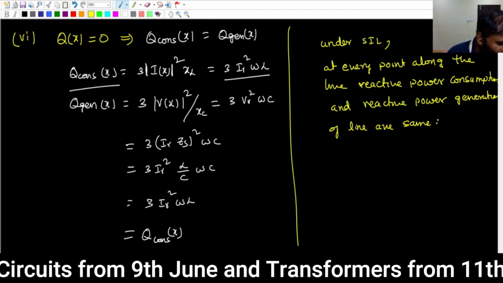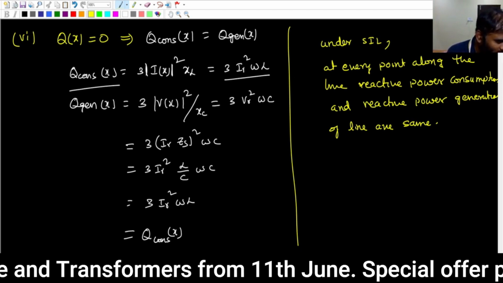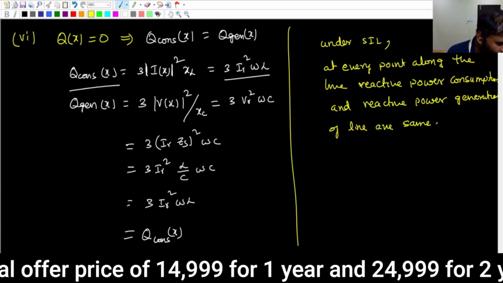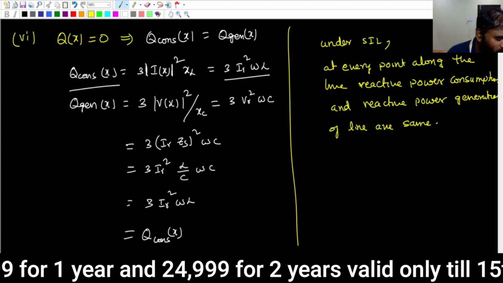Transmission line acts as what? What does the transmission line act as under surge impedance loading? Just think about it. Neither source nor sink for what? Reactive power. Yes or not?